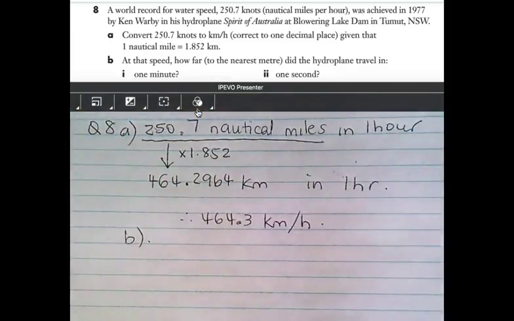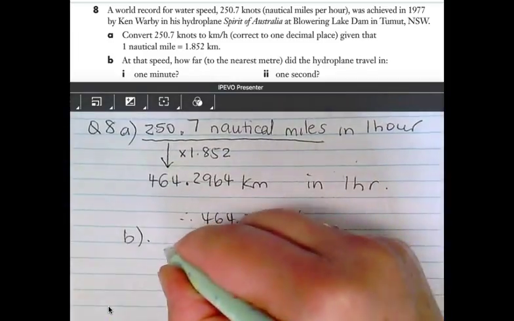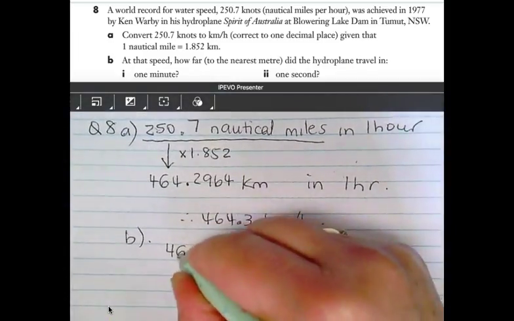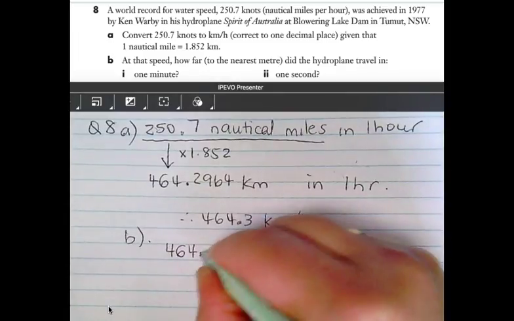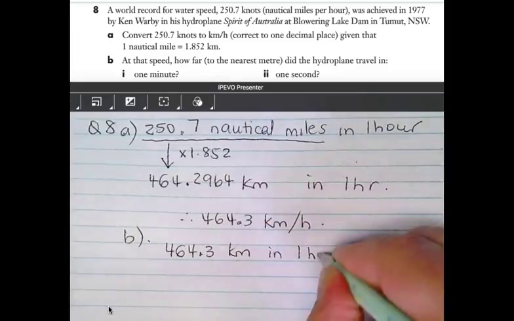Now part B, it says at that speed, how far to the nearest metre did the hydroplane travel in 1 minute? So we're just going to use the rounded off answer, 464.3 kilometres in 1 hour.